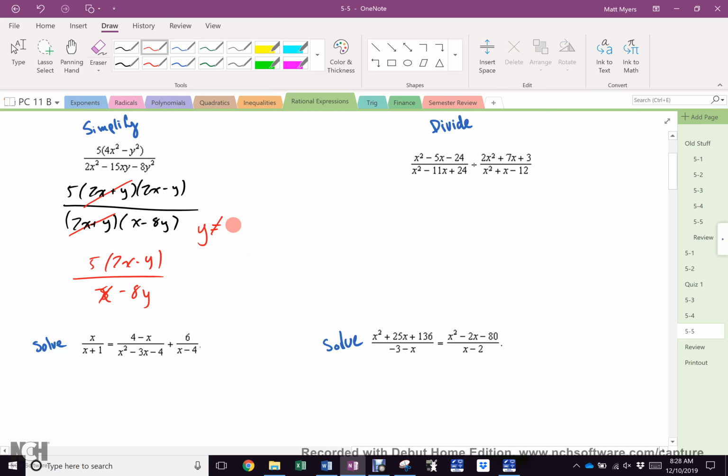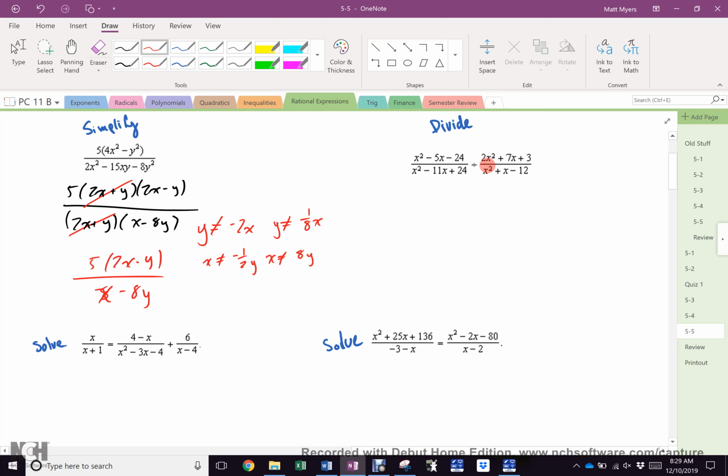Y cannot equal negative 2x, and y cannot equal 1/8 x. And of course, x cannot equal negative 1/2 y, and x cannot equal 8y.